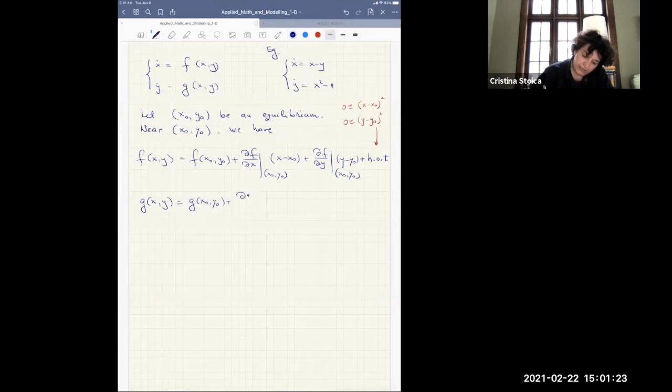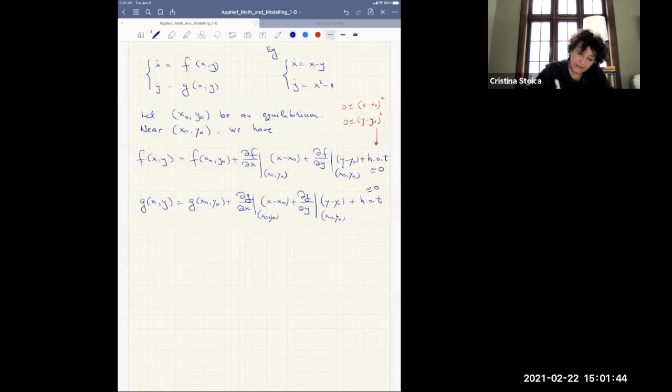So dg/dx at x naught, y naught, and then plus dg/dy at x naught, y naught, and then plus higher order terms that I'm going to take to be 0.